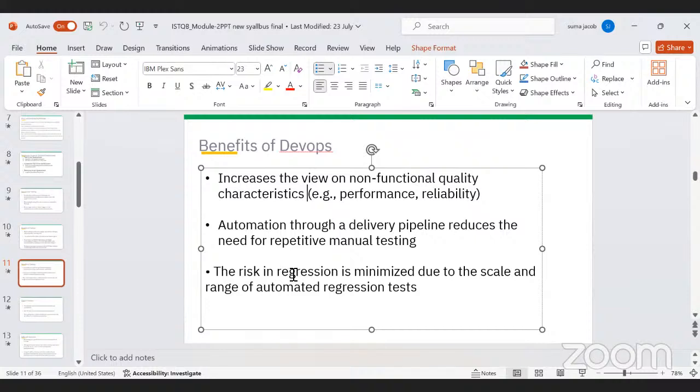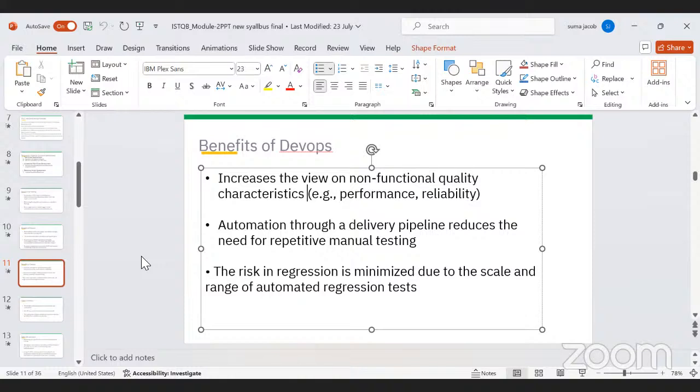And finally, the risk in regression is minimized due to the scale and range of the automated regression suite. Even if a regression is created, it can be identified at the earliest, as soon as the code is pushed, before it is deployed or moved to the next stage. The authorized persons or developers will get feedback that there is an issue and it needs to be fixed.